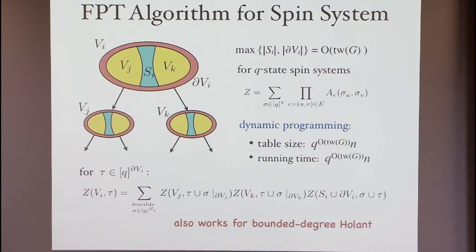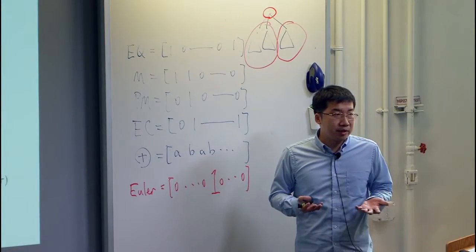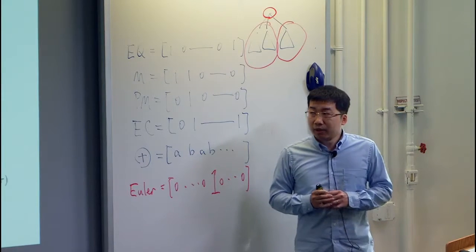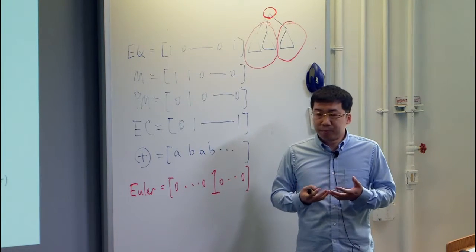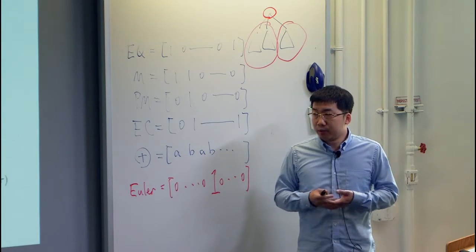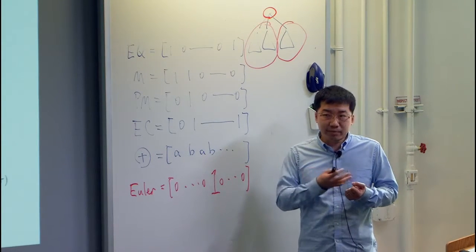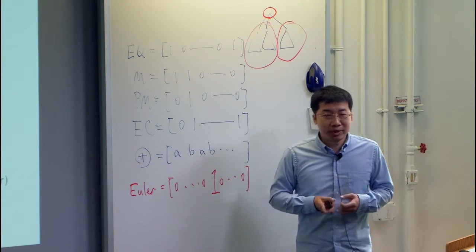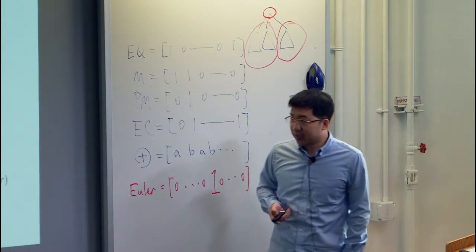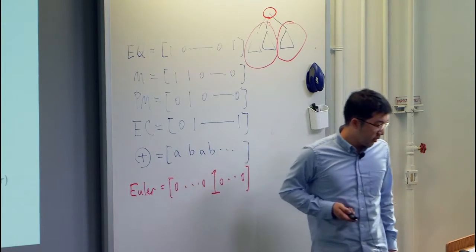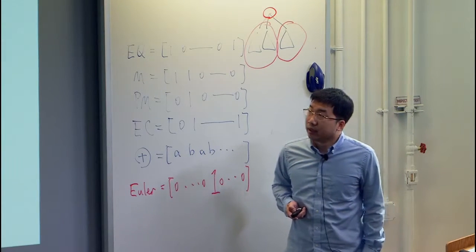Actually, just think about general CSPs, even if you know your graph is already a tree, how to come up with a belief propagation or tree recursion without enumerating exponentially many local configurations. We don't know how to do that, right? So yeah, general CSP or Holant can be very different from spin.